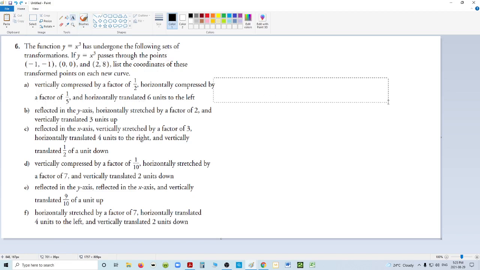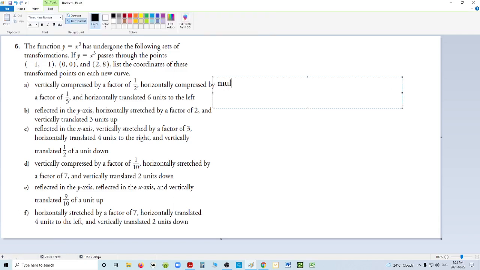Vertically compressed by half, so that means multiply your x values by half, your y values by half. That's vertical. And then they jump straight to horizontal. There's no more vertical. And they say it's horizontally compressed by a factor of a fifth. So that means multiply, and you just do it exactly. And I'll look this up to make sure.